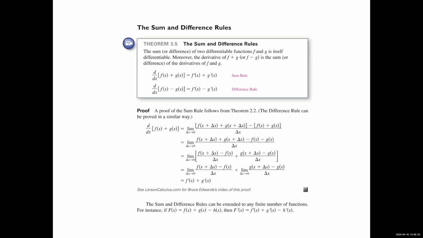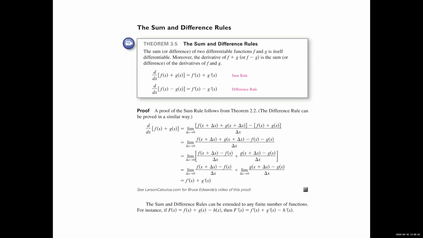Similarly, for the difference rule, the derivative of f of x minus g of x equals f prime of x minus g prime of x. And again, you can show these rules using the limit process, the definition of the derivative.